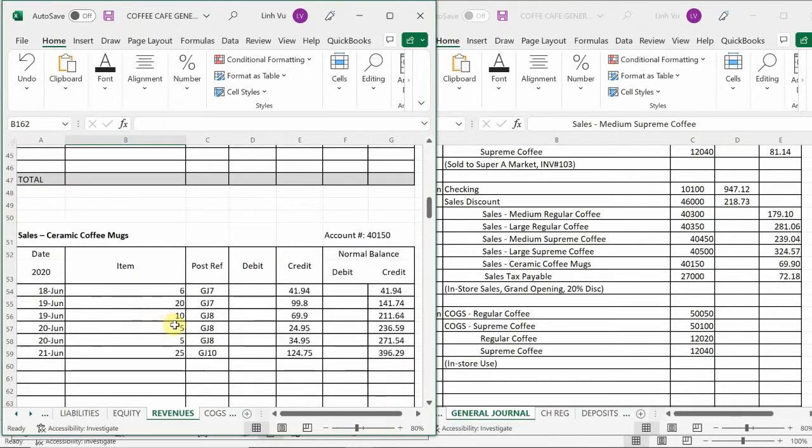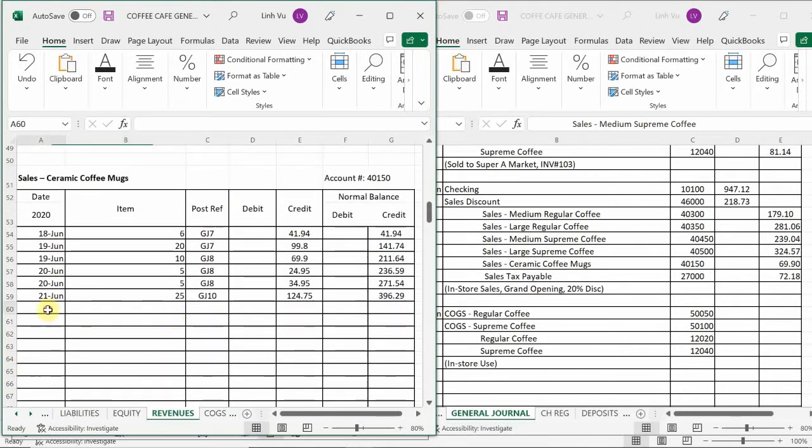We sold 10 of them. And that was for 69.90. Okay, 466.19.